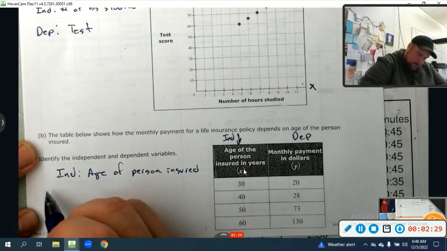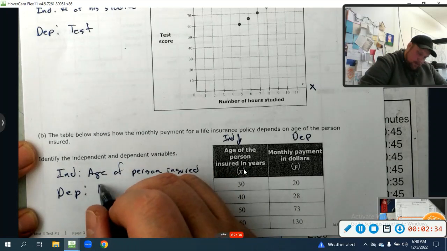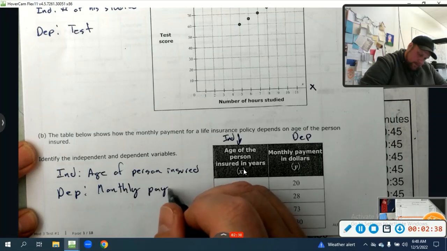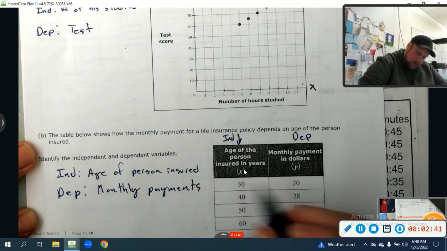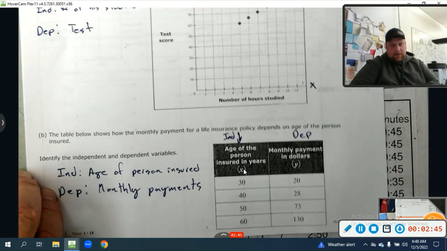Right? And my dependent is the monthly payments. So really it's pretty quick. This side didn't use a ton of math, just on the first question. Okay?